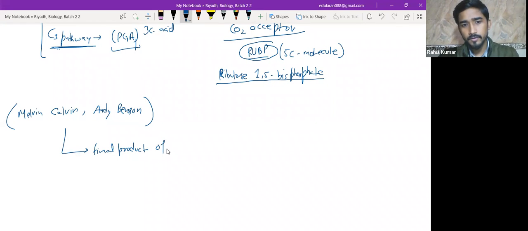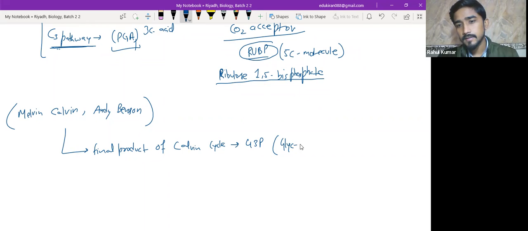The final product of the Calvin cycle is called G3P, whose full form is glyceraldehyde 3-phosphate.